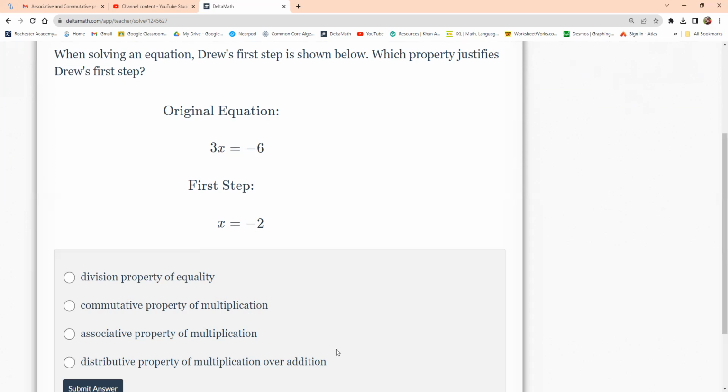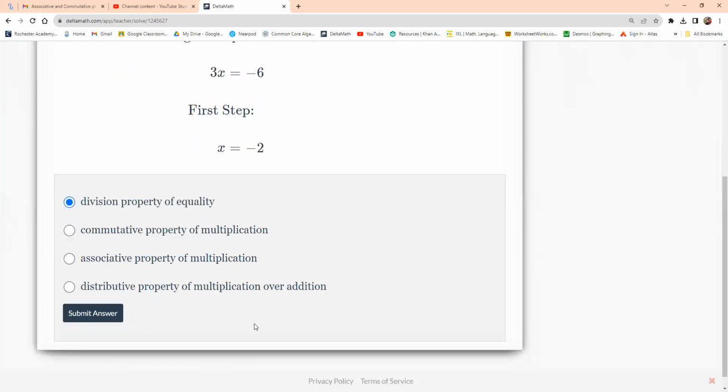That means whatever we do to one side, we got to do to the other side. That's what makes it the division property of equality. So we divided both sides by 3. 3 divided by 3 is 1. A negative 6 divided by 3 is a negative 2. We divided, so that's the property that we're using. So we can clear this and go here, division property of equality.